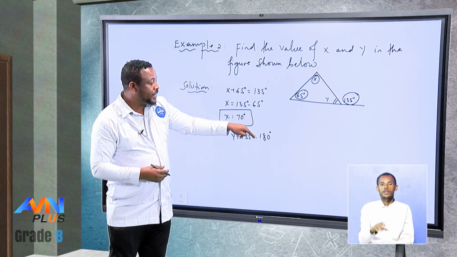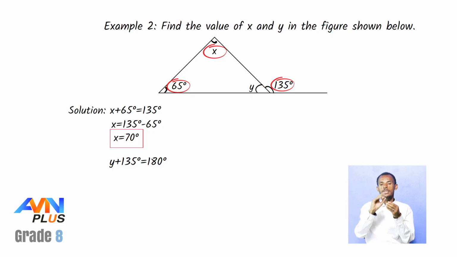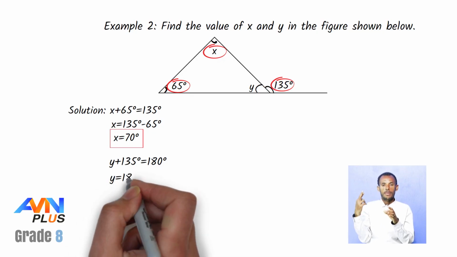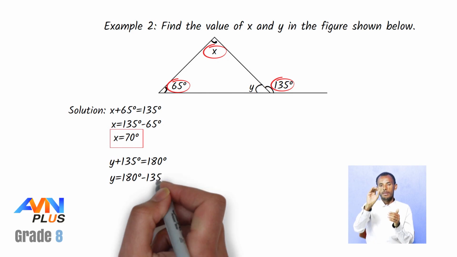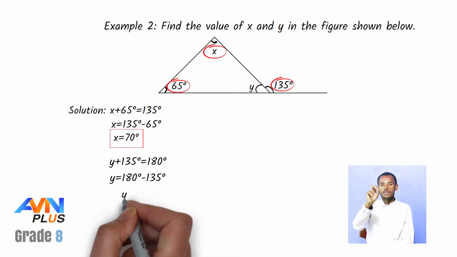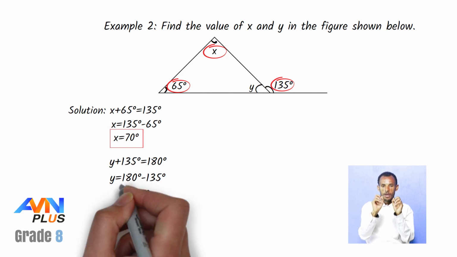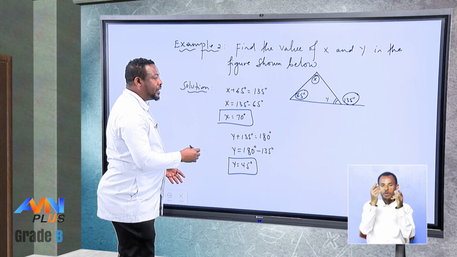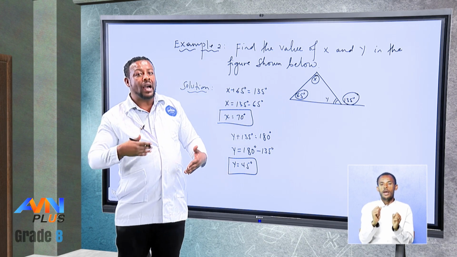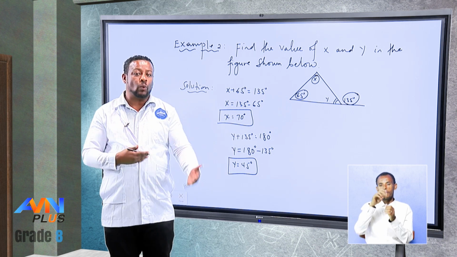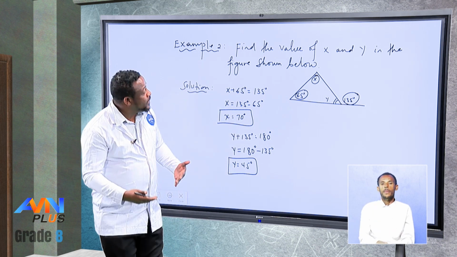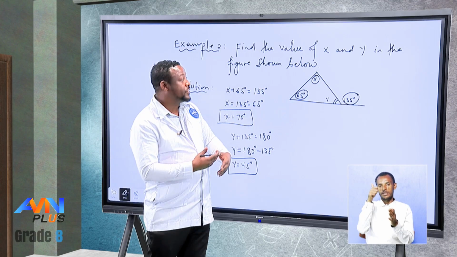So take this number to the right, then y becomes 180 degrees minus 135 degrees. And this difference is 45. So this way we can calculate the unknown variables x and y, right? Now let's see another example related to the exterior angle theorem.